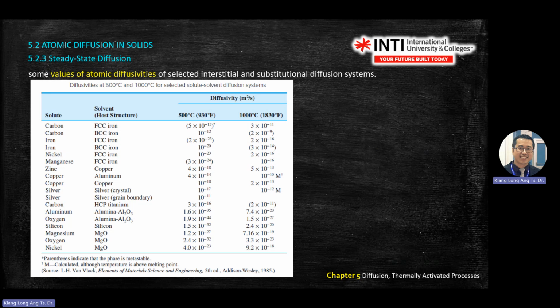Some are copper, silver, silicon, especially here. Here, iron, carbon and iron, you have FCC, BCC. Last semester, I asked about carbon in FCC and BCC iron. Okay, and there's an equation to find the D. So I purposely pulled out one of the numbers. You need to calculate the numbers of D.